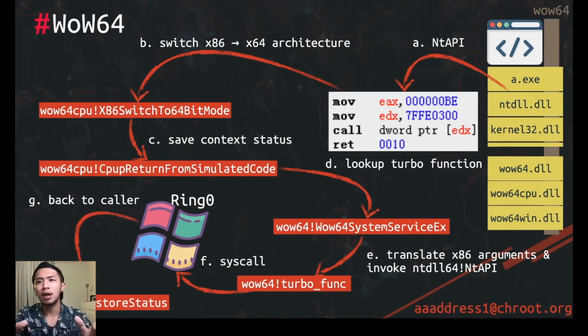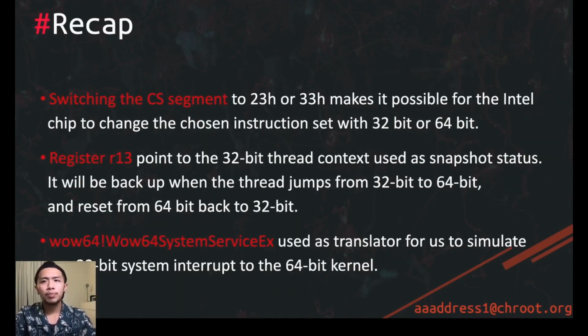And after the task is all done, the thread needs to recover from the snapshot we just created and jump back to the 32-bit program, then continue running. So there are 3 points for us to abuse. First, if we can change our CS segment value, then we can change the Intel CPU to 32-bit or 64-bit mode. Second, there is a register R13 that always points to the 32-bit thread context.